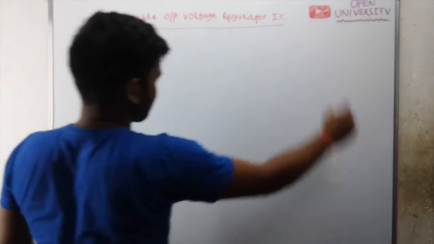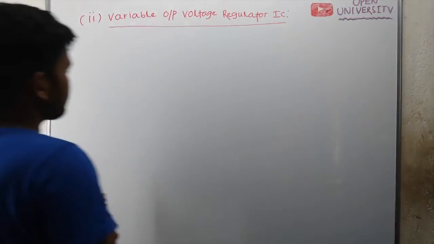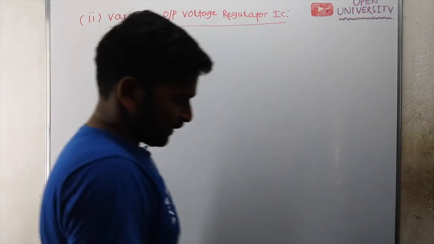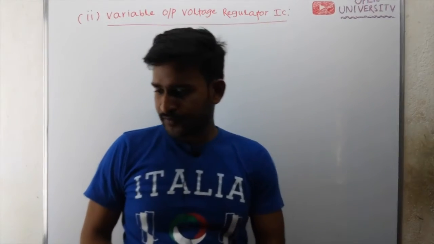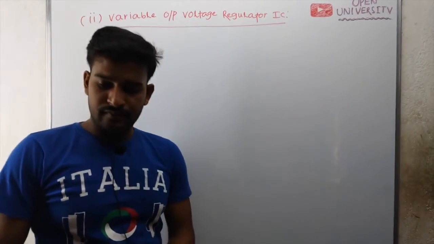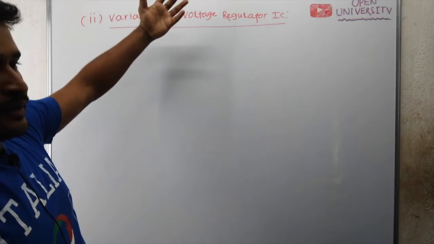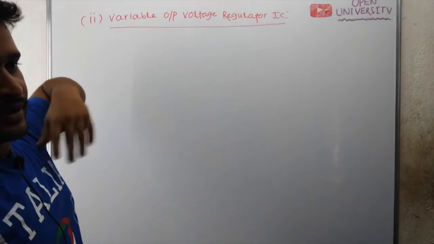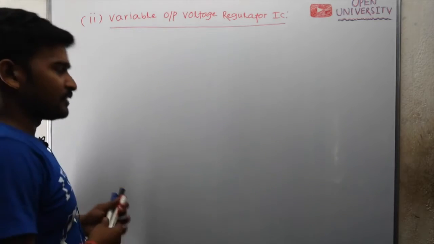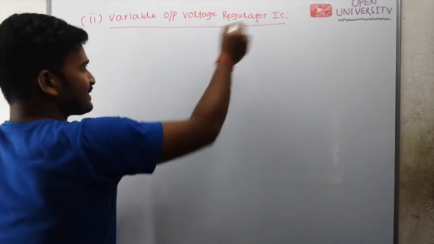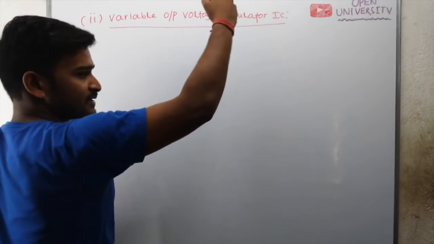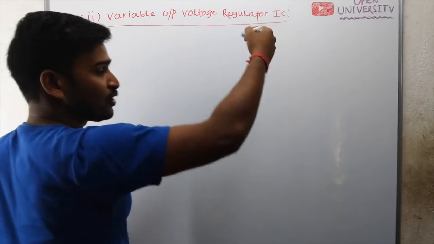These are the applications of fixed voltage IC regulators. Write down one point under this. Basically, this circuit will provide a variable output voltage. Okay, let's see the circuit.